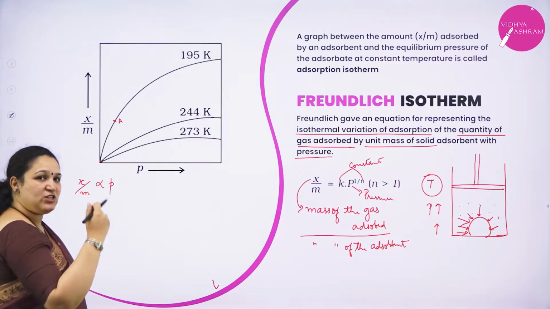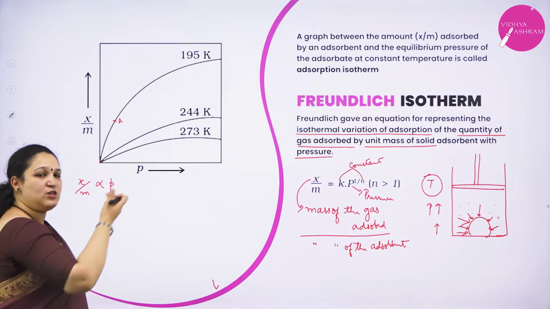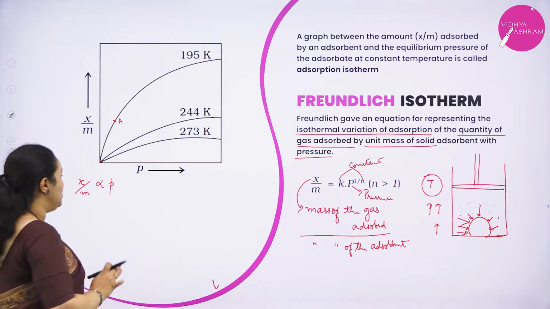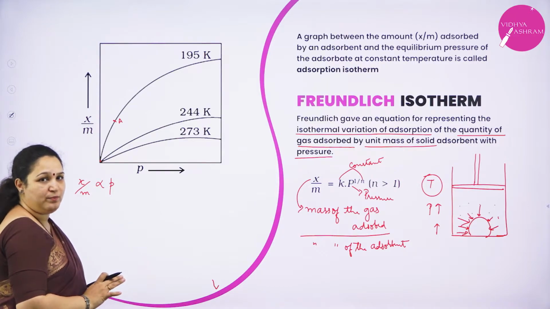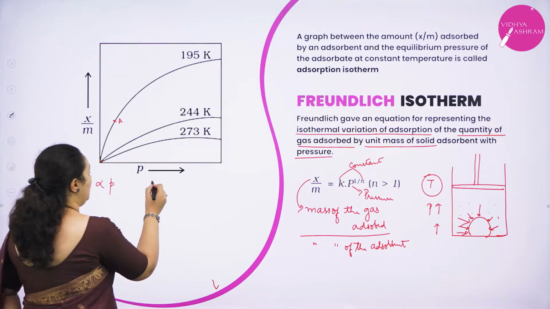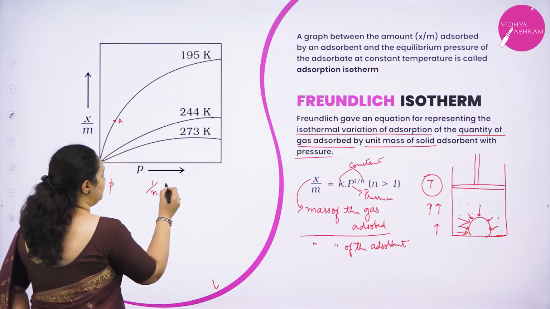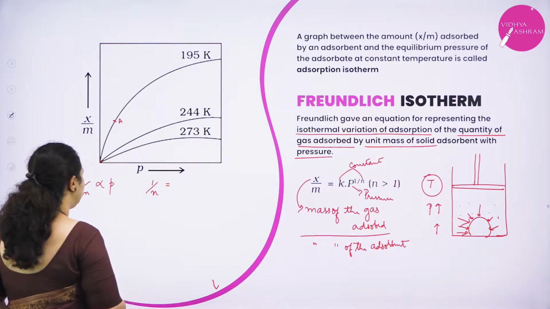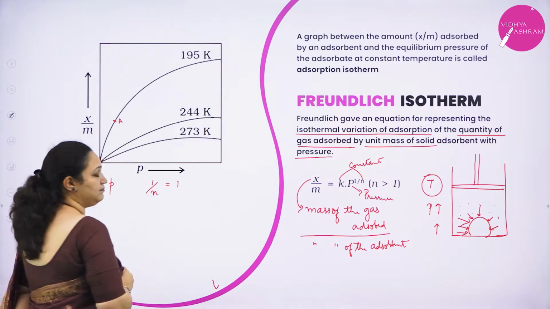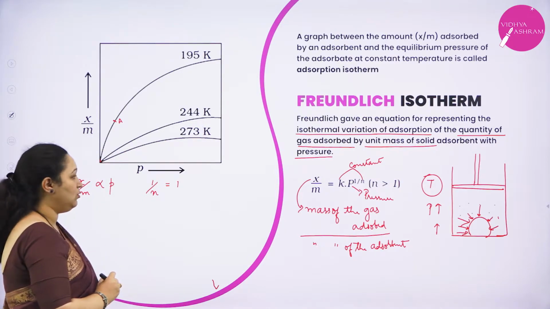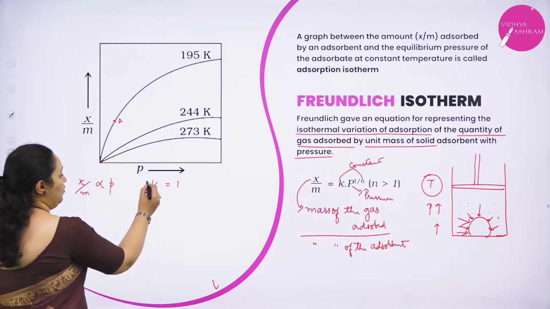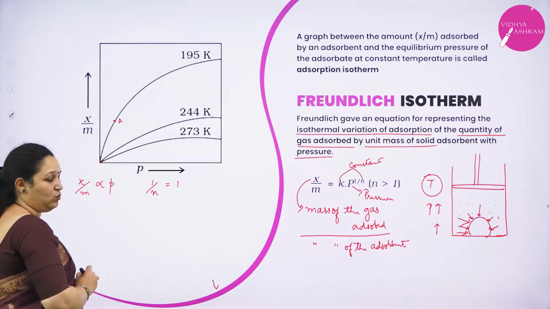That means when the pressure is increased, adsorption process also increases. So x by m is almost directly proportional to pressure. That means 1 by n is equal to 1.